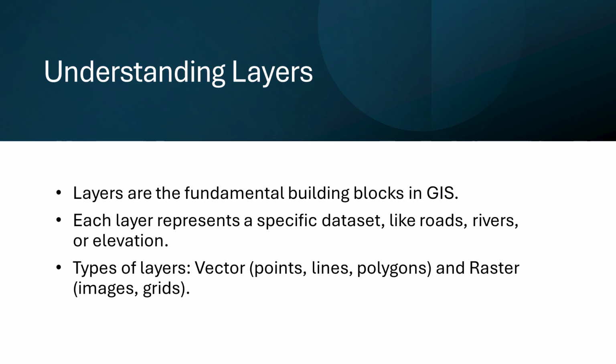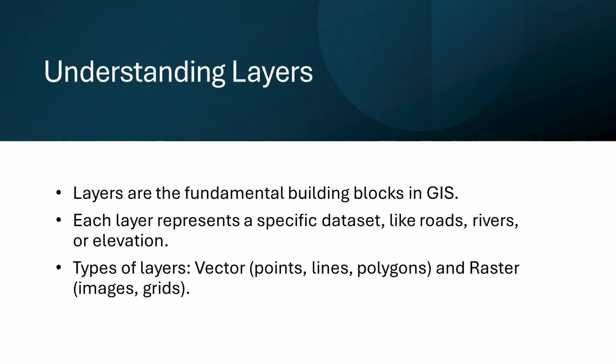One of the most essential concepts in GIS is the layer. In ArcGIS Pro, we organize data as layers, where each layer represents a specific type of dataset. For example, you could have a layer for roads, another for rivers, and one for elevation.